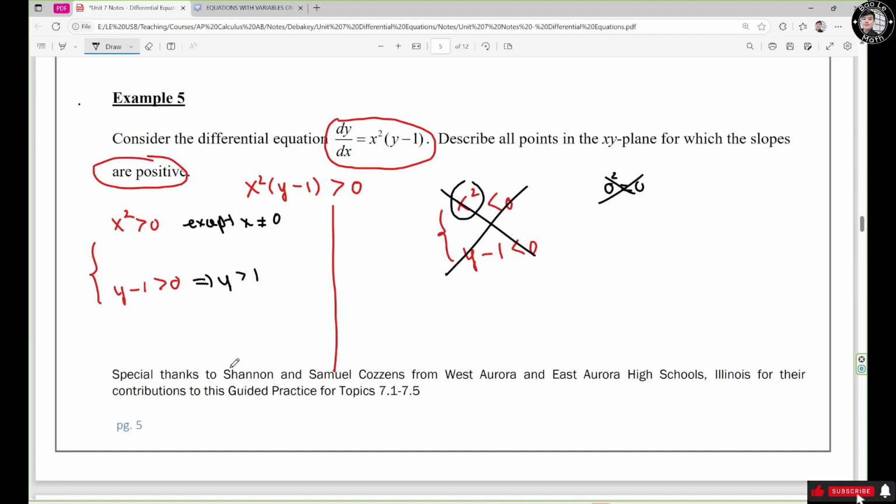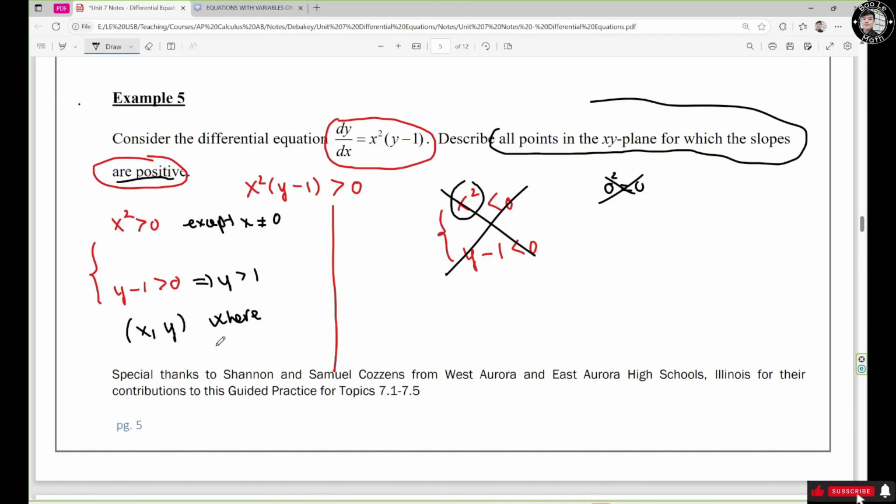So the answer to the question: all points in the xy plane for which the slopes are positive are x and y, where x is not equal to 0 and y must be greater than 1.